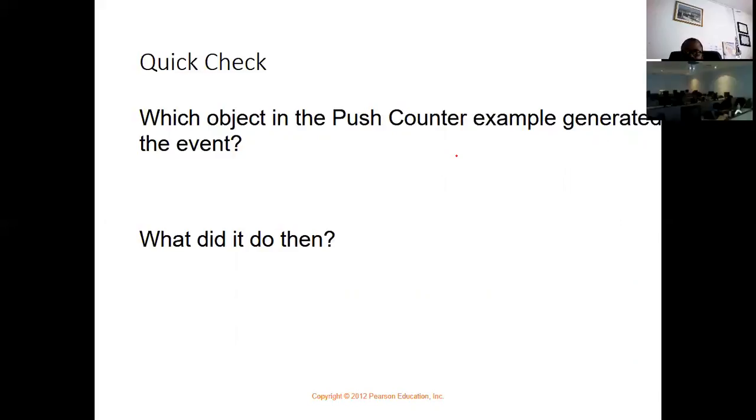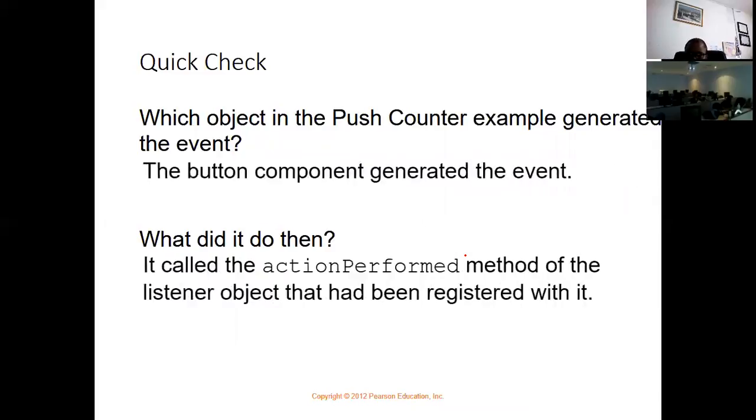What did it do then when the event was generated? It incremented it and then updated. So the button component generated the event, and it called the action performed method of the listener object that had been registered.